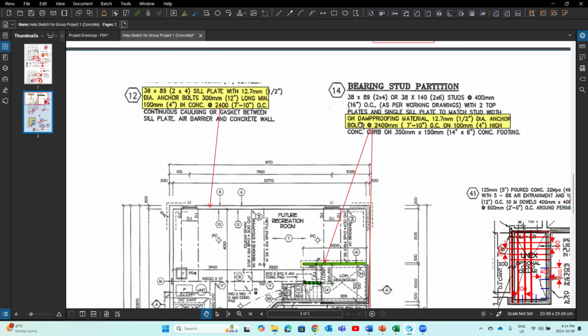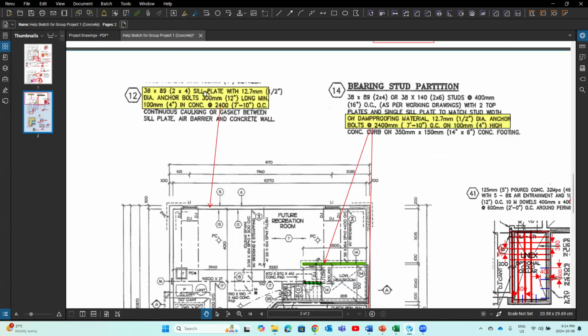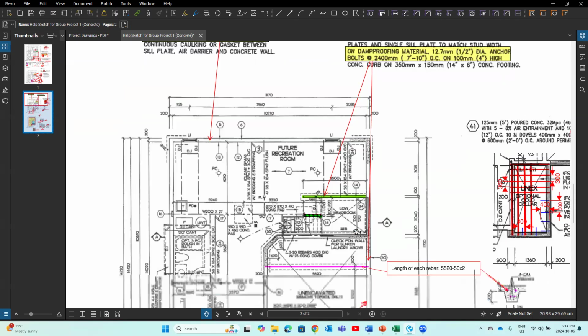So if we look at the bearing partition here, the same anchor bolts here. So we know we are going to use anchor bolts to tie the sill plate to the concrete foundation wall, and also to tie the plates to the concrete foundation wall or curb.